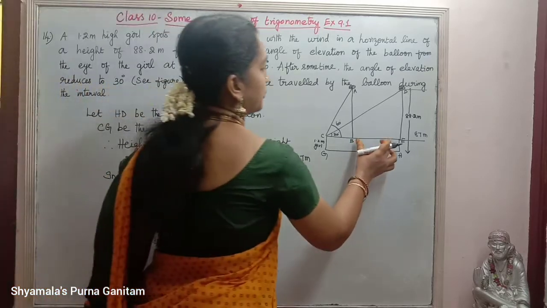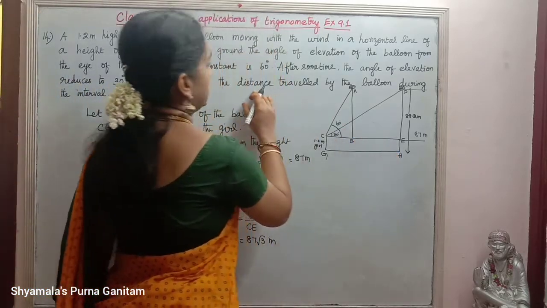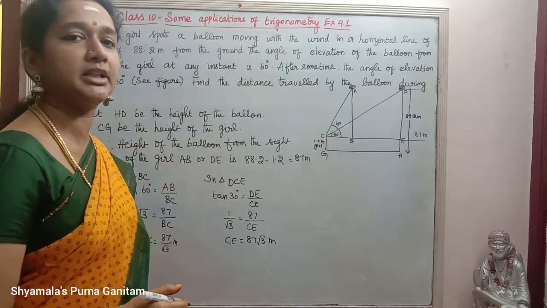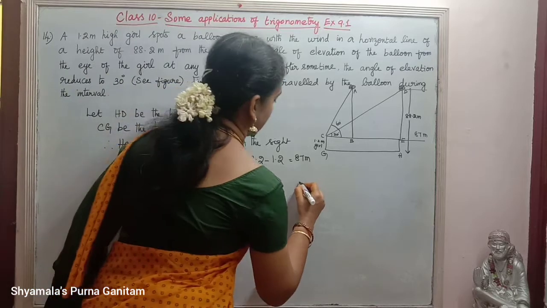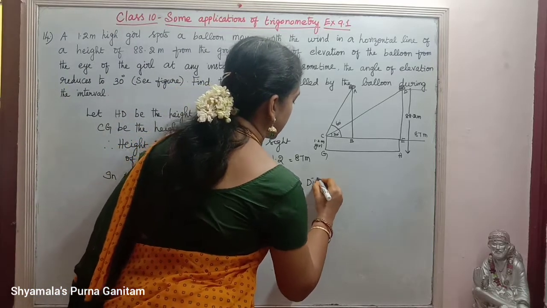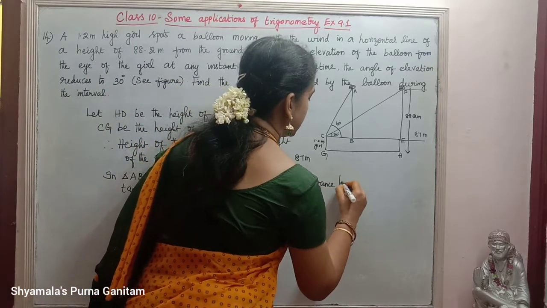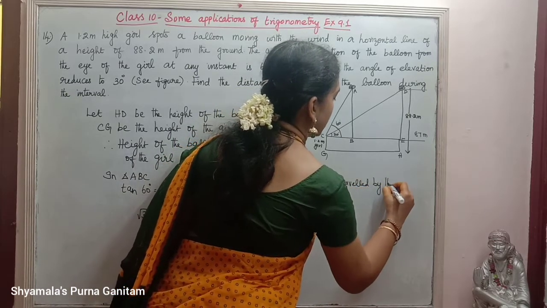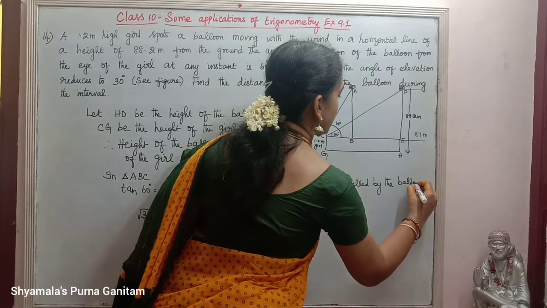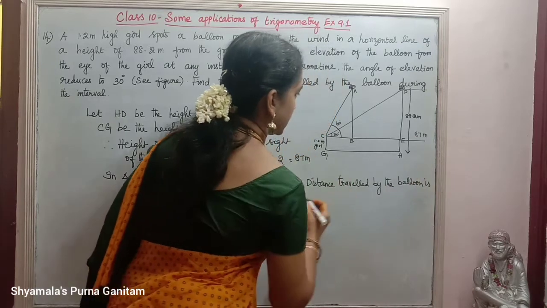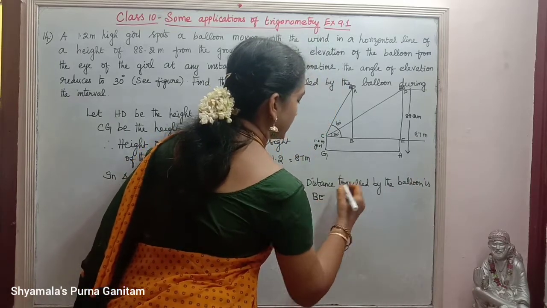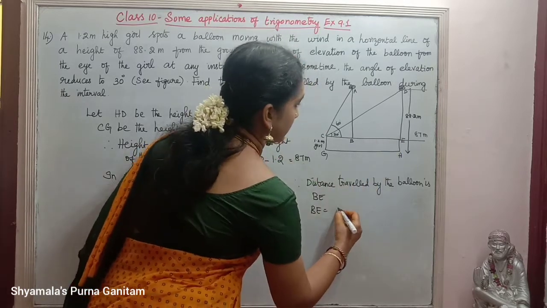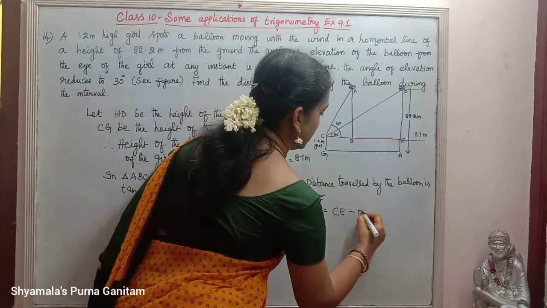But we need to find the distance travelled by the balloon only. So the distance travelled by the balloon is BE. BE is equal to CE minus BC.